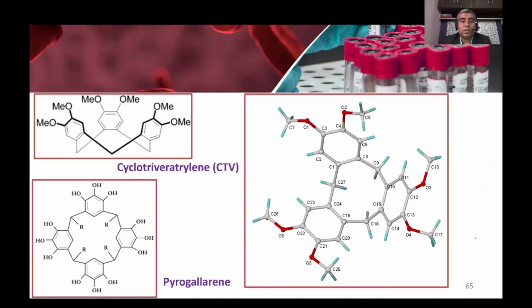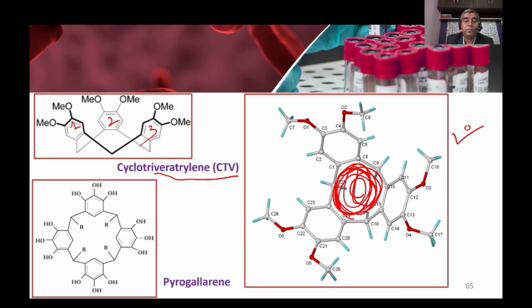Some other structures in the calixarene family: this is cyclotriveratrylene, CTV. It has three aromatic rings of veratrole, which is converted to cyclotriveratrylene, and this is the crystal structure developed by our research group. We can see it has a hollow space or cavity in the structure.